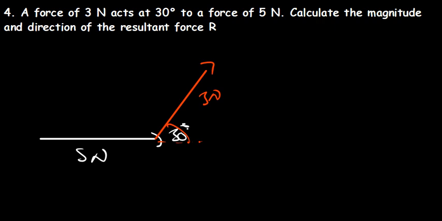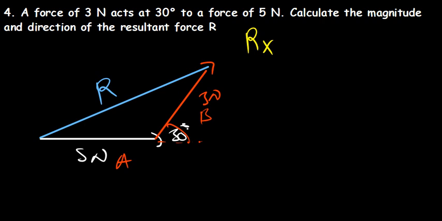So we have to resolve each vector into x and y components. The resultant will be from this point all the way to that point. That is going to be our resultant. We can call this one vector A and that one vector B. Meaning, if I want to find the resultant, I'll say the Rx will be equal to AX plus BX.